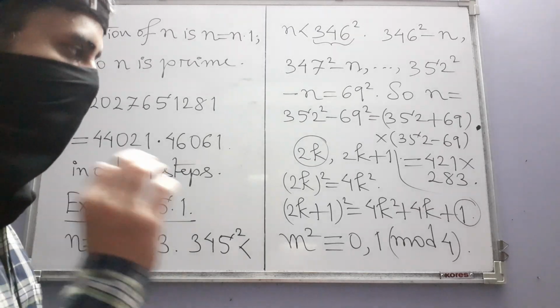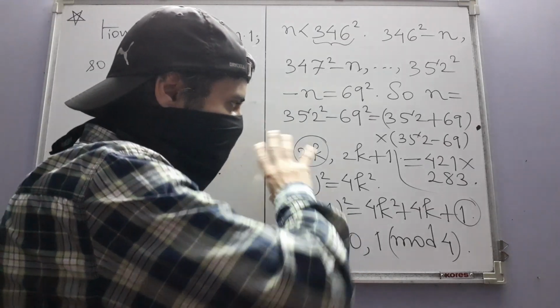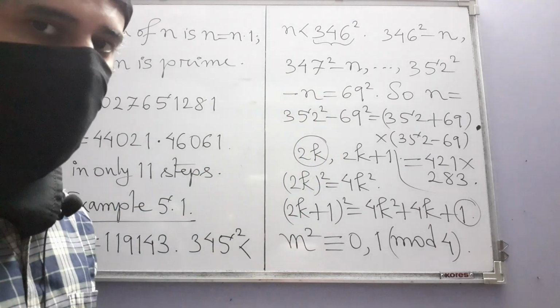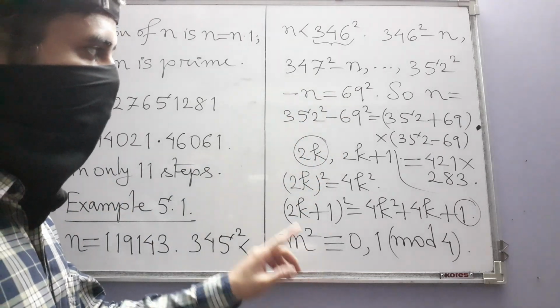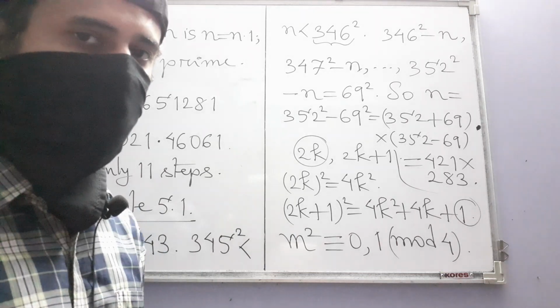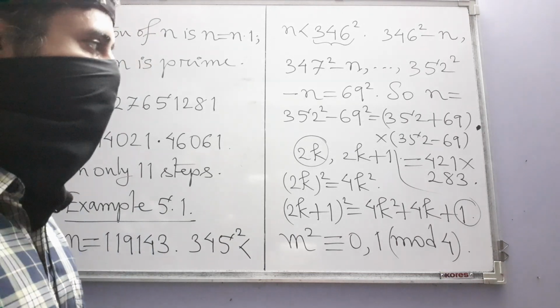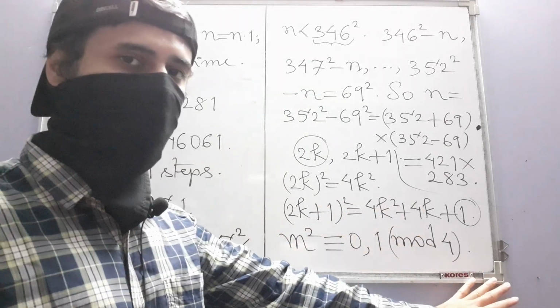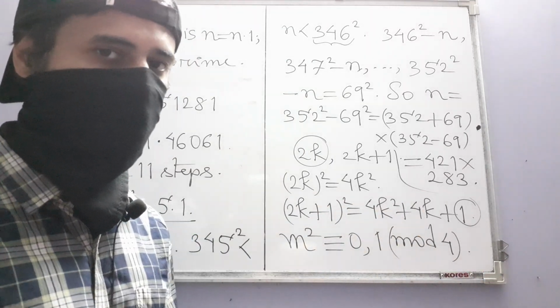So this example shows that there are some disadvantages. But the main advantage of this method is that you do not need to know about primes at all in order to find factors of a given number or its full factorization.